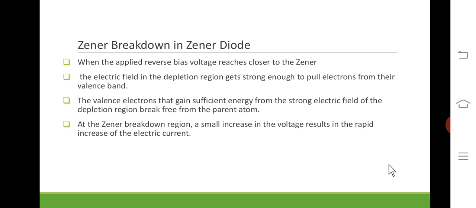It means that when the depletion layer is lightly doped, then we are able to get the avalanche breakdown. Opposite to this, when the depletion layer is heavily doped, it is a narrow depletion layer, and then we are able to get the Zener breakdown.